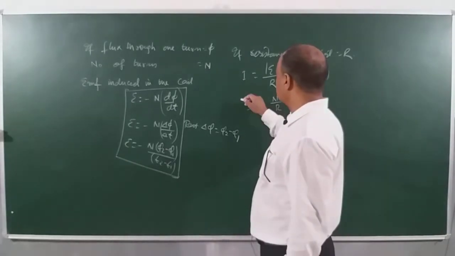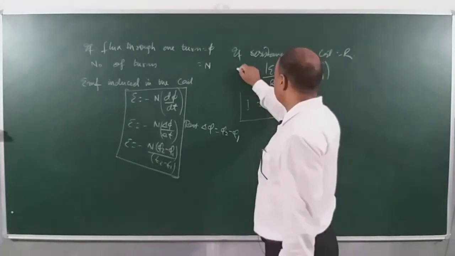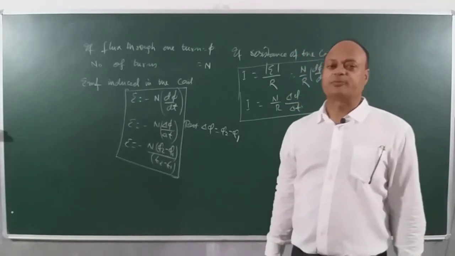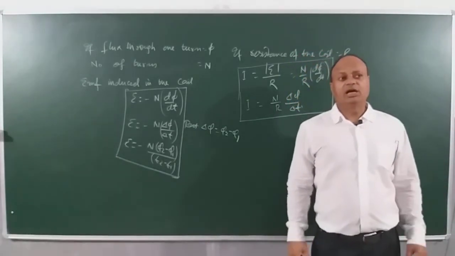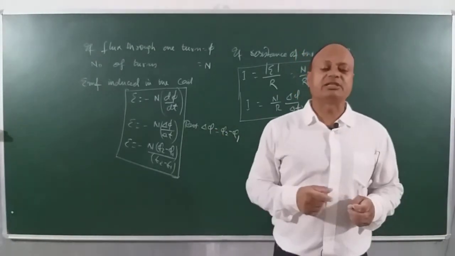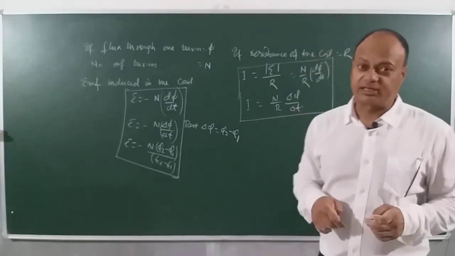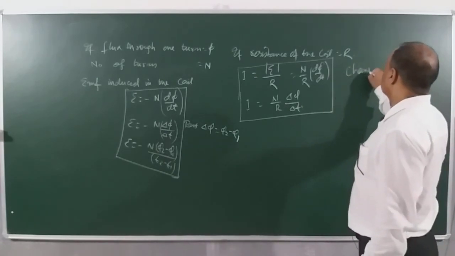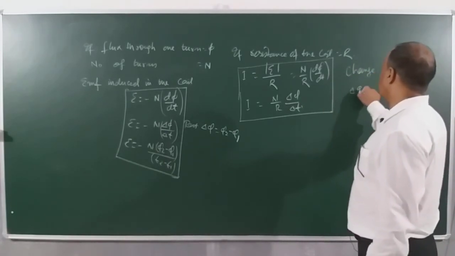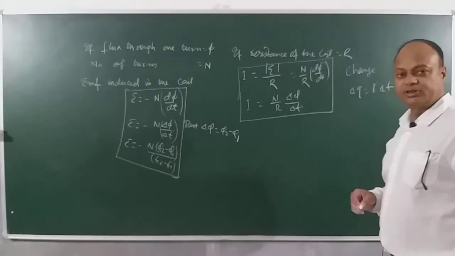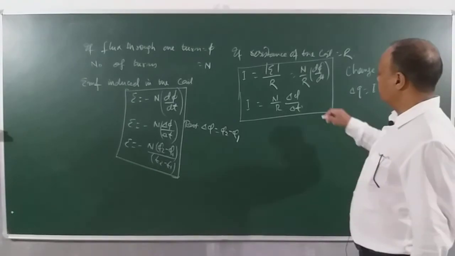So these are the equations that you can use for the current which is induced in the circuit as a consequence of electromagnetic induction. And children, when current is induced in a circuit, then obviously a certain amount of charge will also pass through the given circuit. So we say charge delta q is equal to I into delta t. Clear? And I we already got here. I can use this expression.